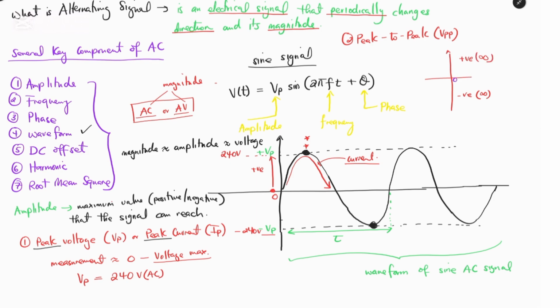When we talk about the min value, it will be towards the minus infinity, and it is not 0. And when we talk about the maximum value, we are talking about the value from 0 to positive infinity.